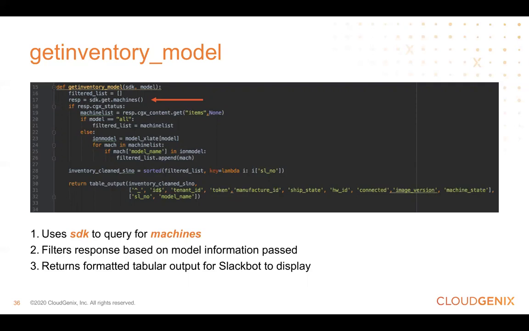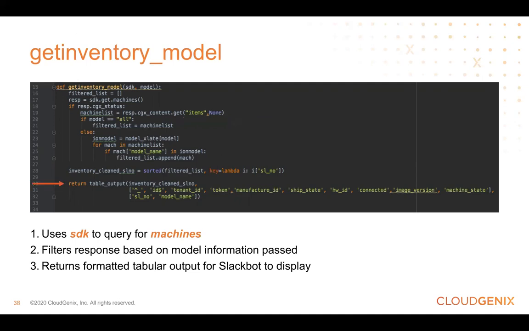So what it's doing here is querying for all the machines. Next, based on the model information, based on the string that you provided when you enter the command on the Slackbot, it's filtering this response. So if you say, get me inventory all, get me everything, it's going to return the entire list. Whereas if you specified a certain model name, or a certain machine type, it's going to filter your response based on that.